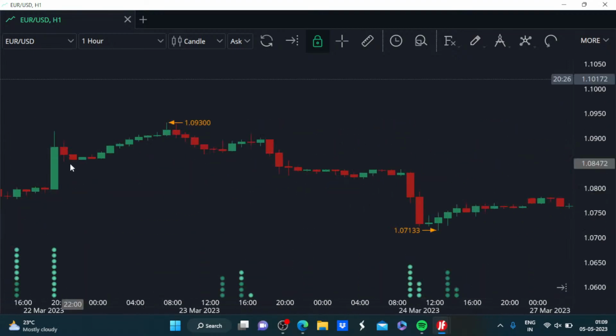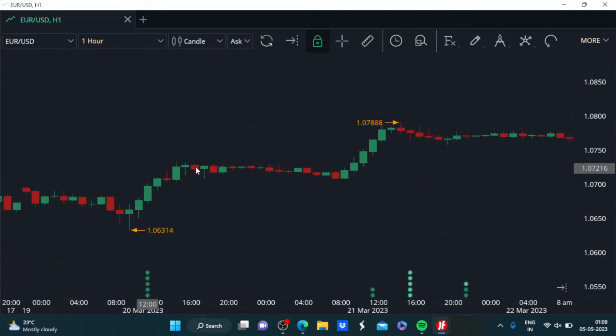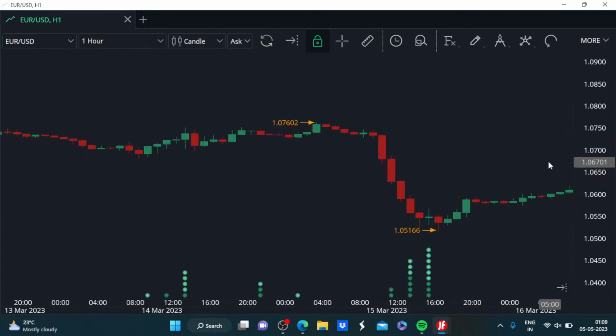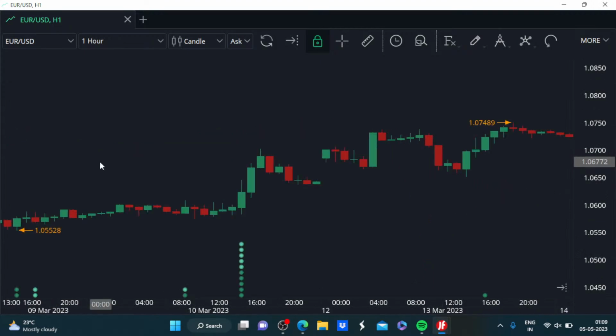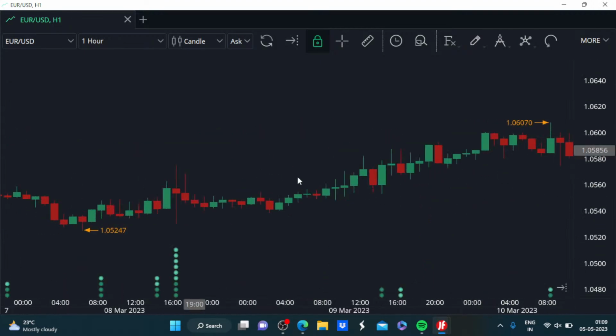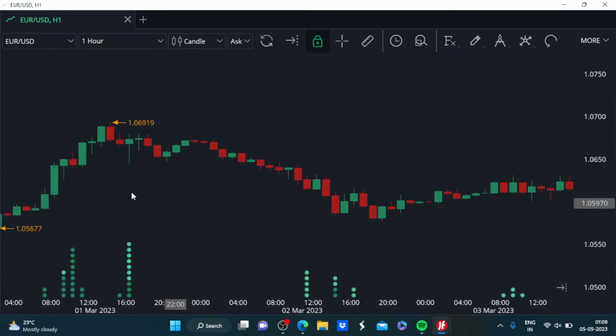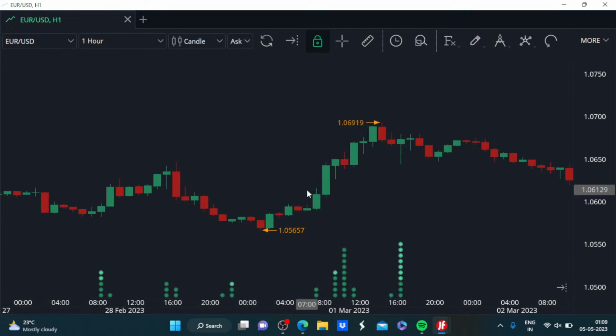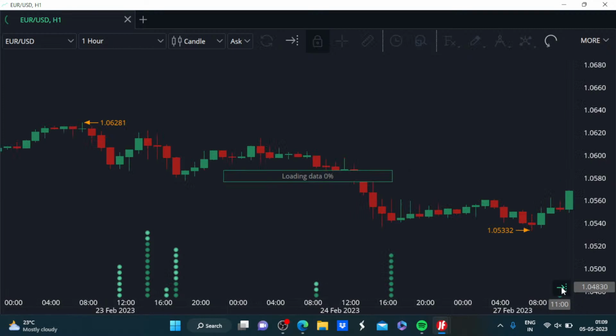Because the trend for the euro has been bullish for most part of the last couple of months, it will be a difficult task for us to spot a bullish reversal using concealing baby swallow. And as I expected, we haven't found another example in the last 2 months.